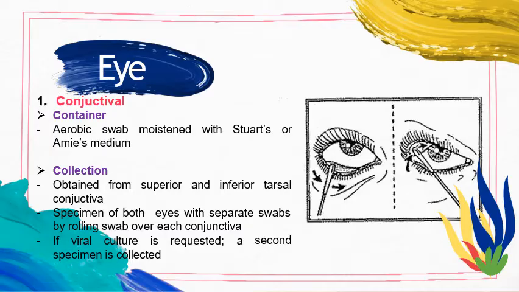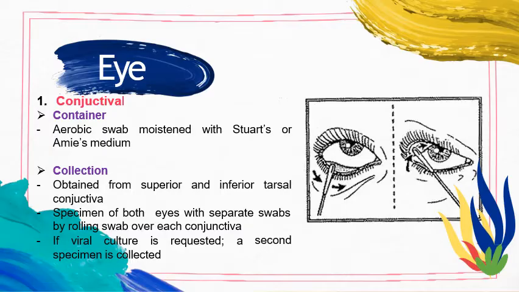Now, go back to our topic, your eye, conjunctival. The container used is your aerobic swab moistened with Stewart's or Amies medium. The collection is obtained from your superior and inferior tarsal conjunctiva and specimen of both eyes with separate swabs by rolling swabs over each conjunctiva. If the viral culture is requested, a second specimen is collected.